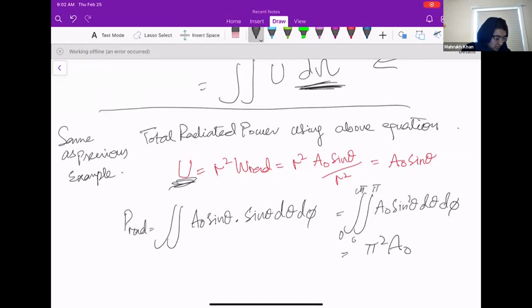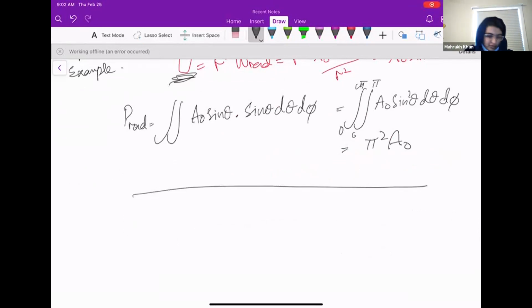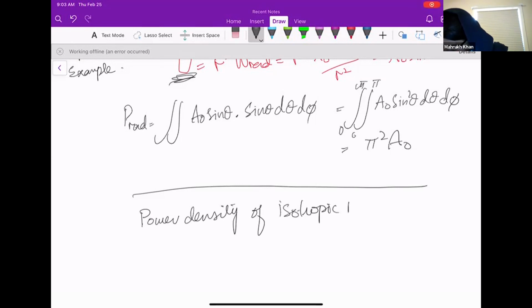Okay. And one more thing I want to say here, that if you see the previous lecture in which we defined the radiation or the power density of the isotropic radiator, I will write it here from the previous lecture. It is, it was this.